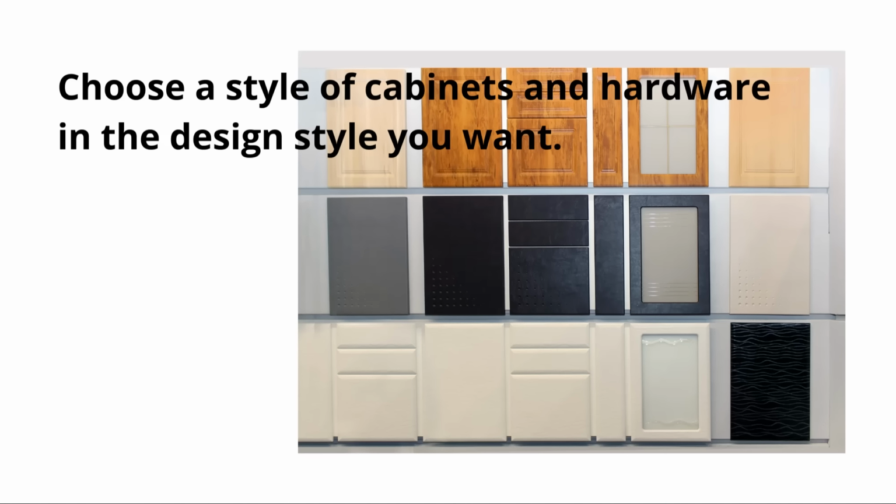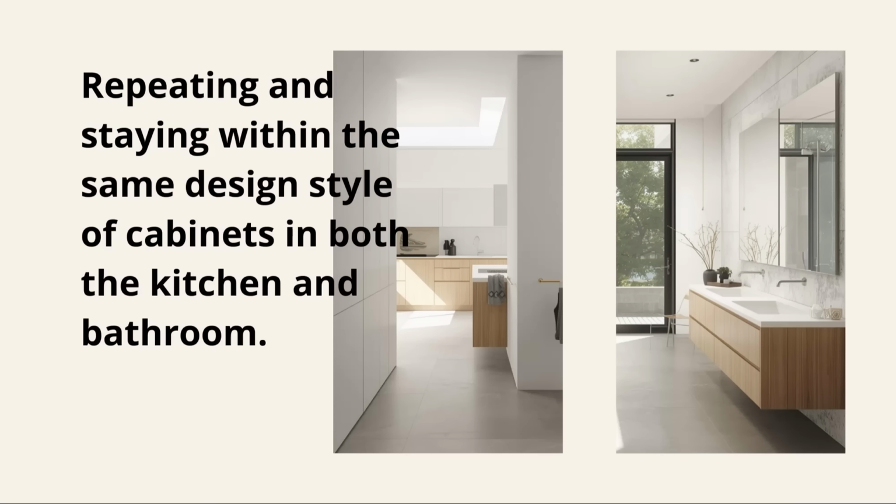So if you have a very modern design style and it's very minimal, you'd have that type of cabinet in your kitchen, but you would also bring that style into, say, your bathrooms. And in your bathrooms, it doesn't have to be exactly the same, but everything is still within that modern, minimal look.